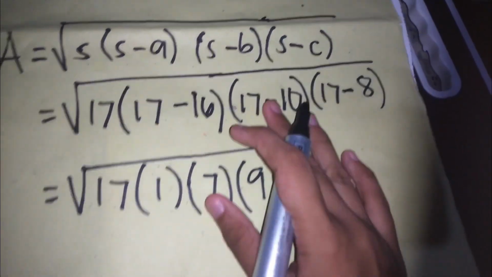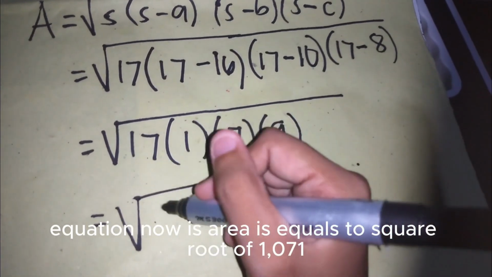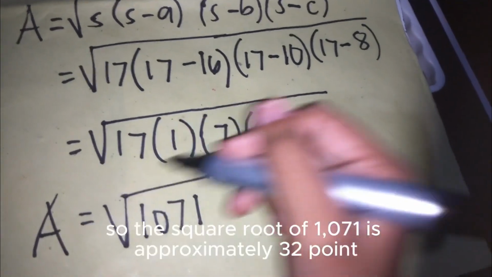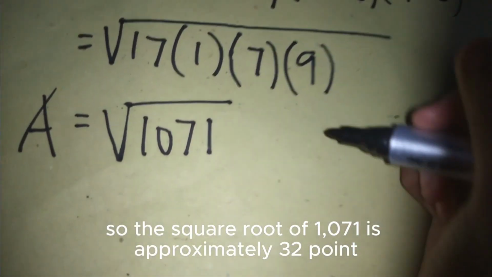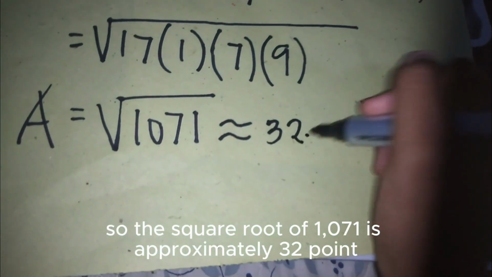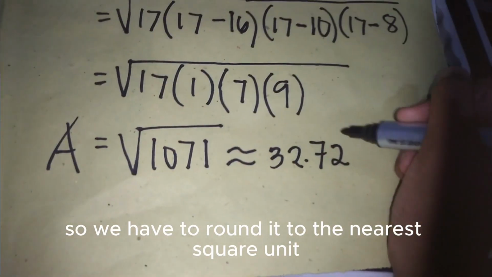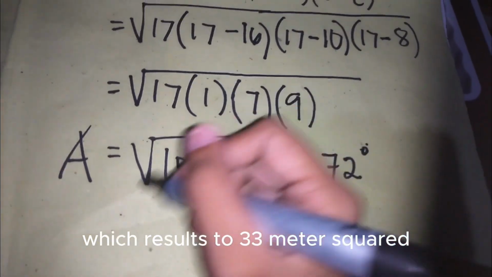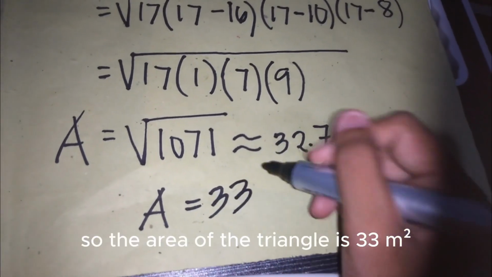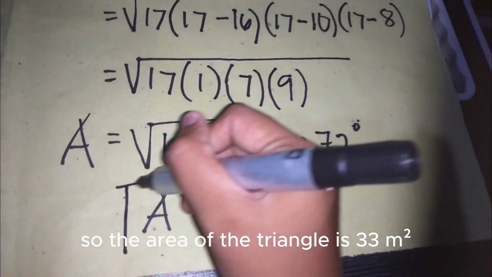So the equation now is area equals the square root of 1071. So the square root of 1071 is approximately 32.72. So we have to round it to the nearest square unit, which results to 33 square meters. So the area of the triangle is 33 square meters.